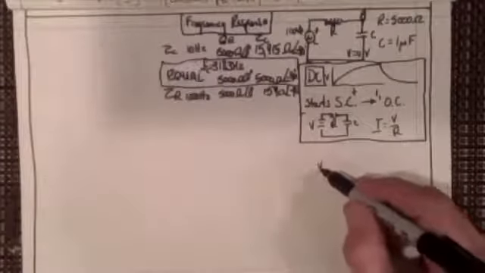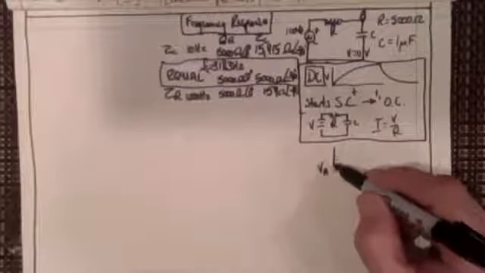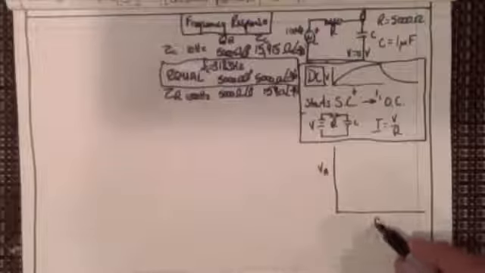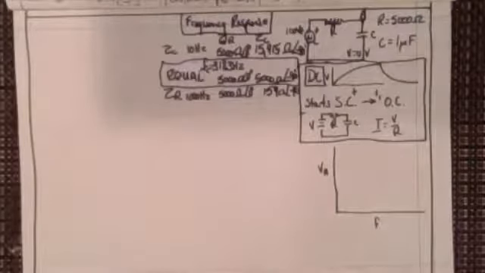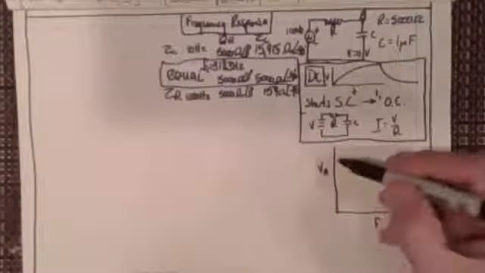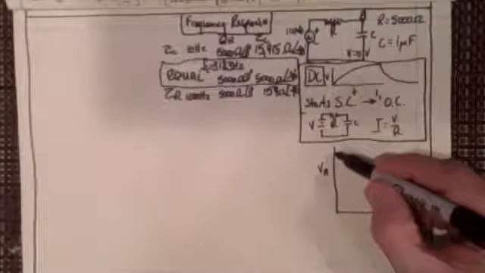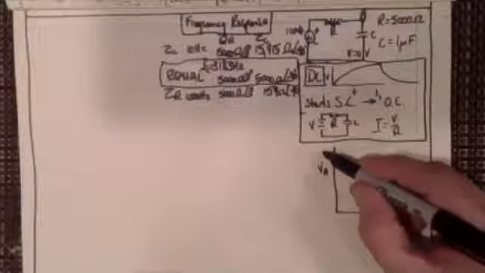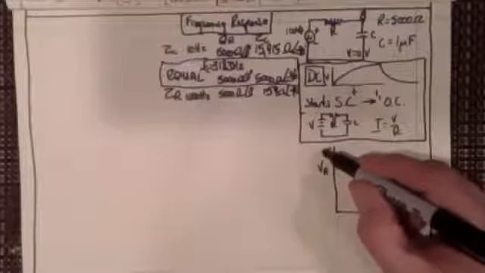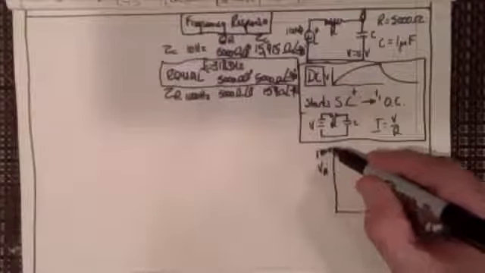Because if we're looking at a graph of the voltage at A with frequency, now it's not time, is it? This is not a waveform I'm showing you. I'm showing you the voltage at A versus frequency. That's what I'm showing. And here's what it looks like. And this would start off with 100 volts, right?